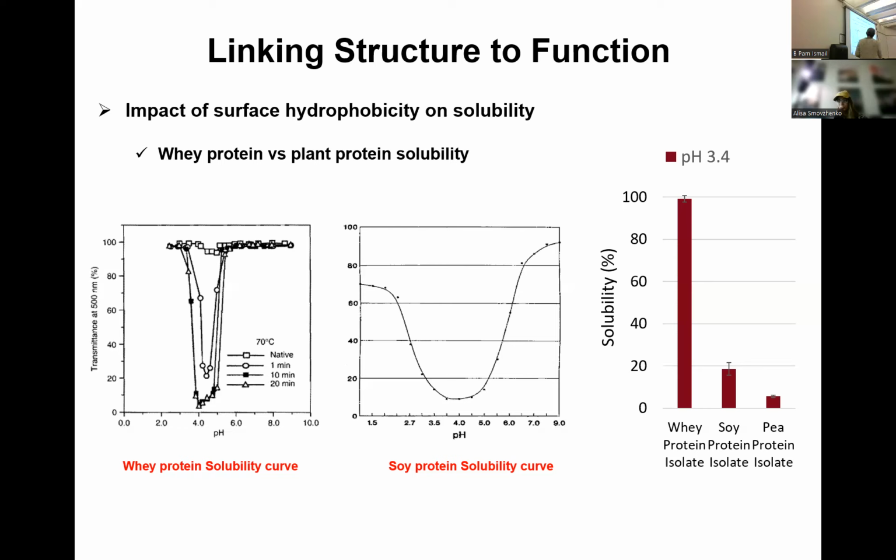Okay, so when we run solubility in our lab, we run it at 5% protein. Why? It's not related to this, but why? Because that's the minimum amount of protein you want in a beverage. Especially for proteins that don't have a PDCAAS of 1, let's say pea has a PDCAAS of 0.8, and the FDA requires 4.2% protein available to play in the high protein zone.